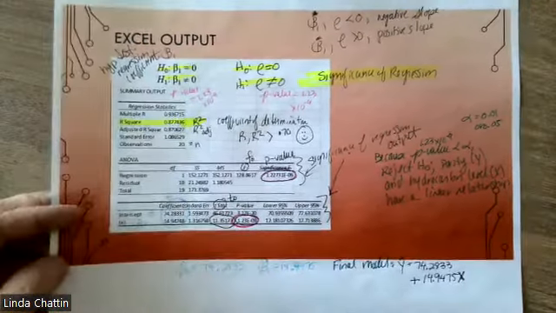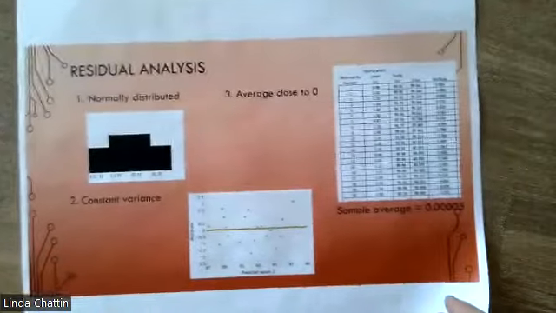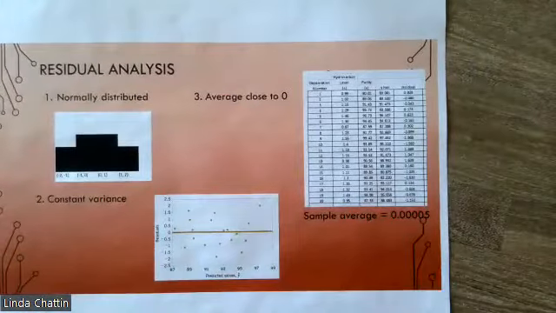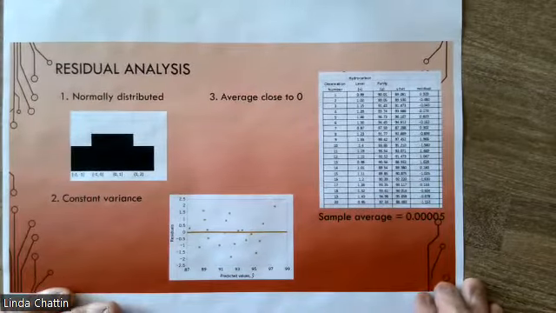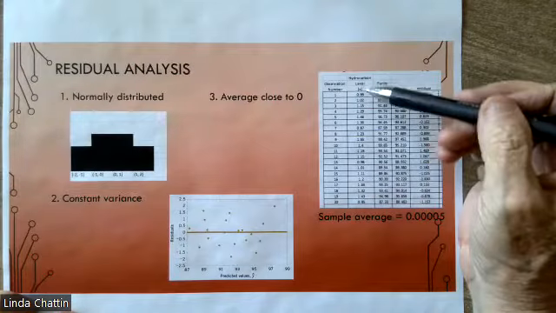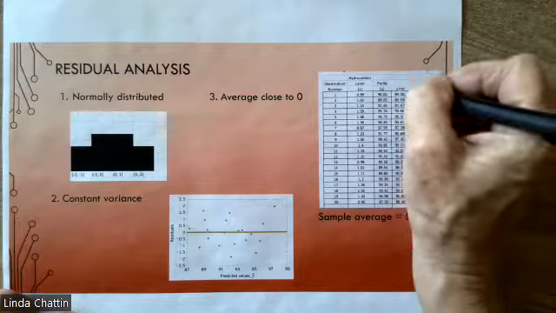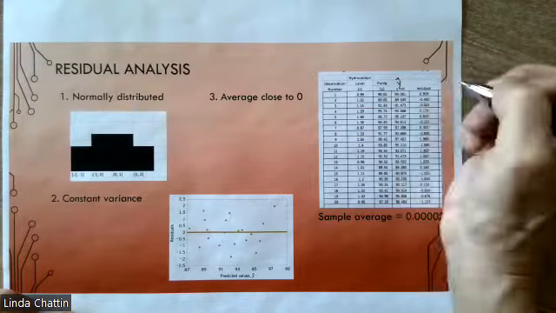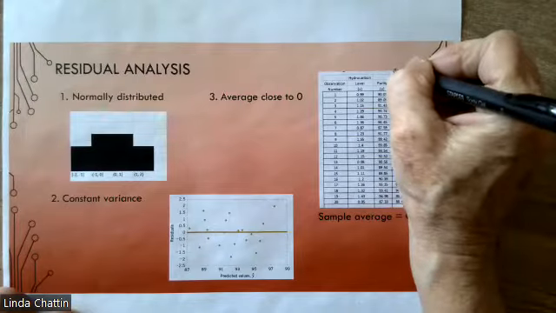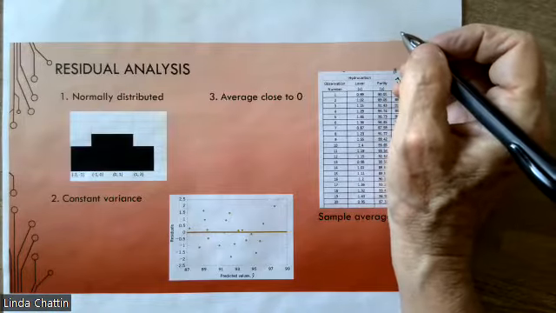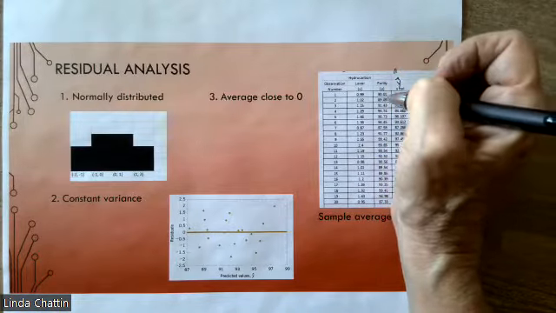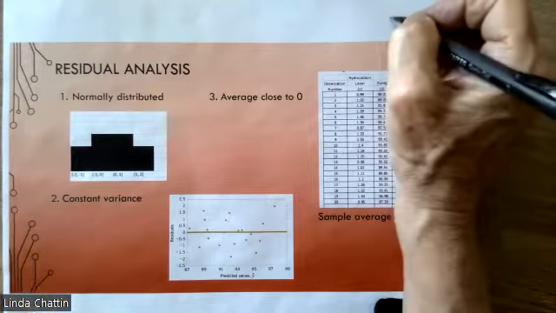So here is my residual analysis. For this model, here's the observation number. Here's X, here's Y. So this is what I actually saw. That's Y, this is Y hat. And what is that? Well, that's the model that I just created. So what I'm going to do is plug X into my final model.